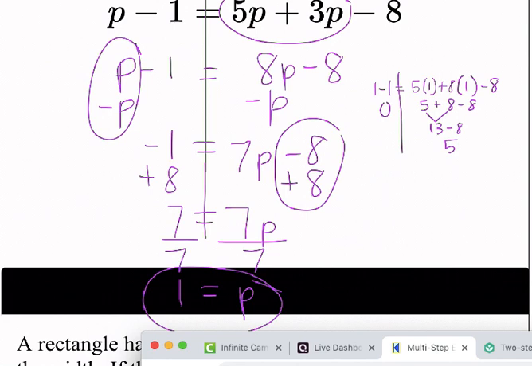Let me see. Well, I solved it correctly according to the answer key, so now I'm just trying to figure out.